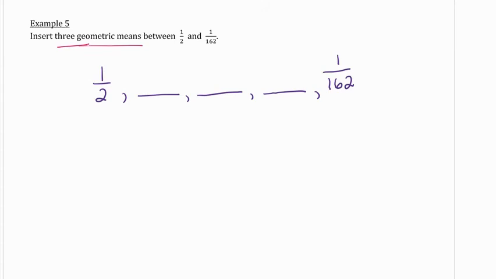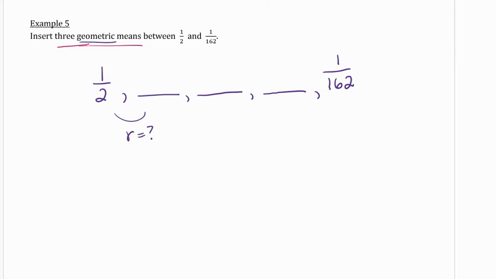Now this time, just like before, in order to get those 3 numbers, we need to know, because it's geometric, what is that common ratio that we have to multiply by to get those 3 terms, right?